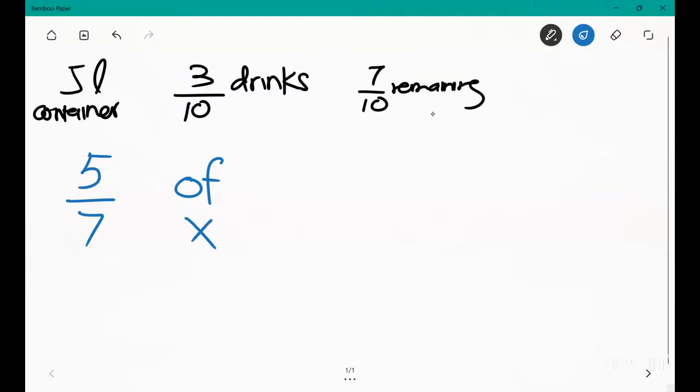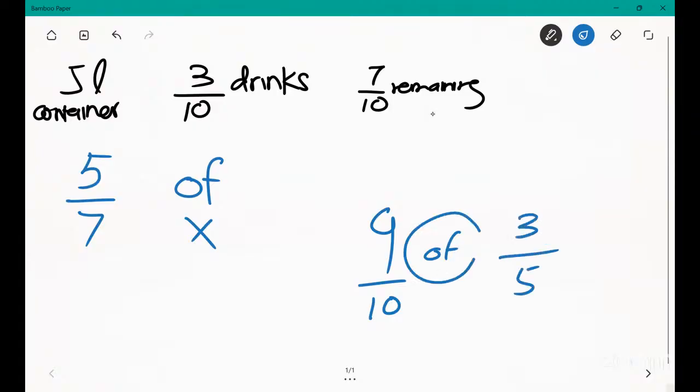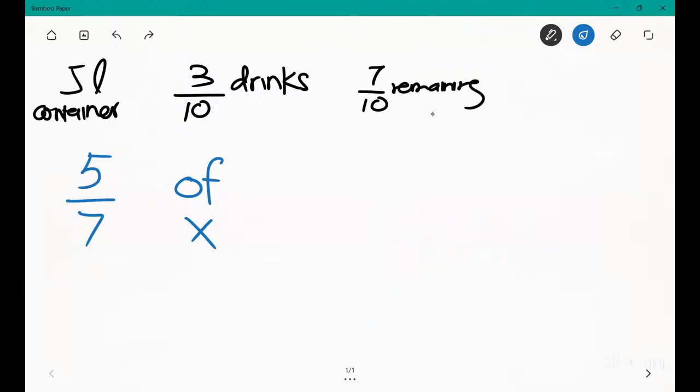If they say 5/7 of, or any fraction of, even 9 over 10 of 11, or 3 over 5 of, of means you directly write it as multiplication. So here they are saying 5/7 of the remaining was poured into a bottle. So of, which is multiplication, you can directly write it here, 7 over 10.